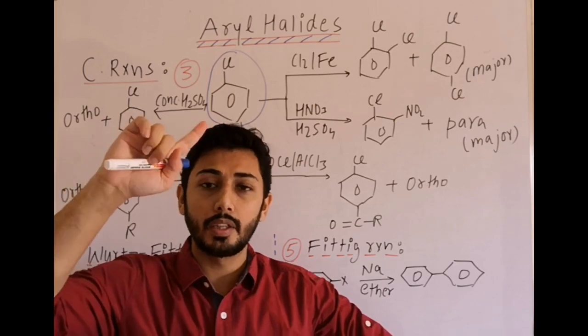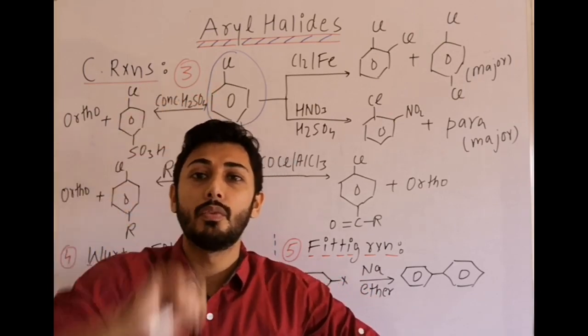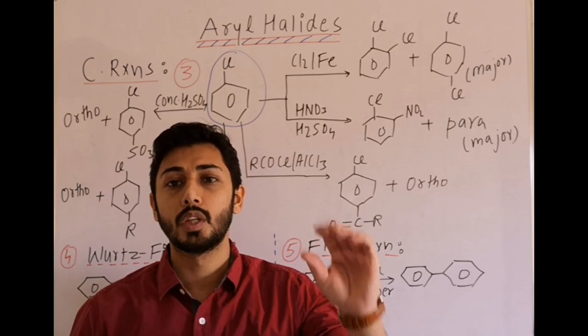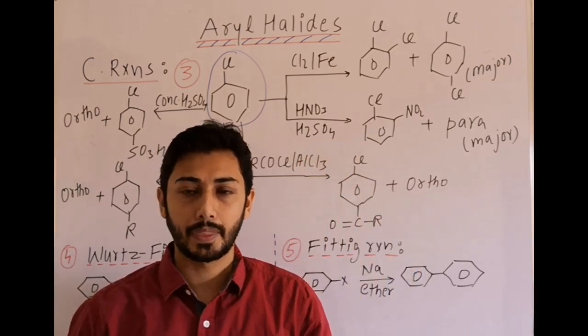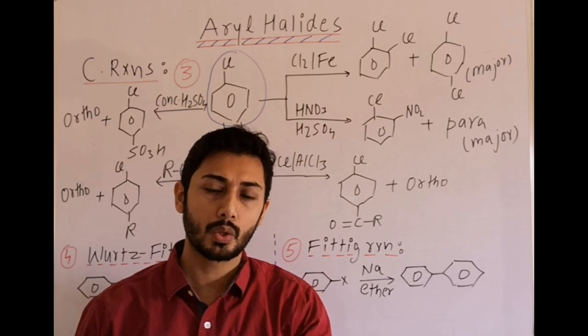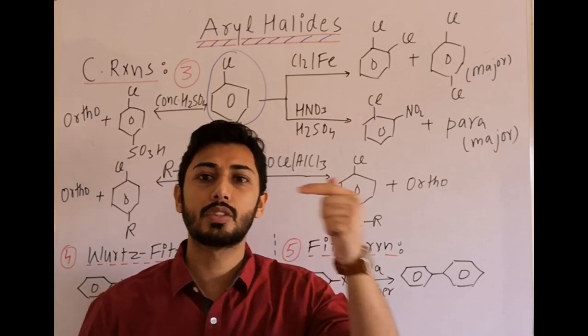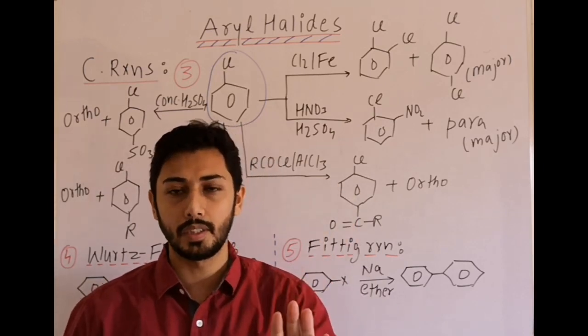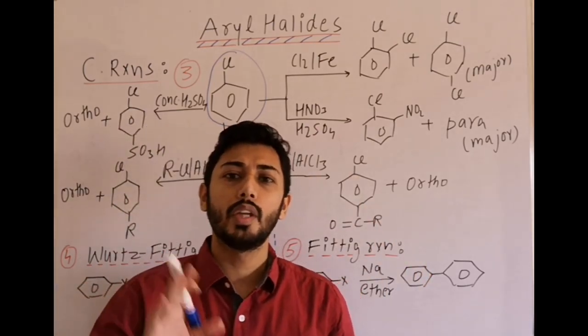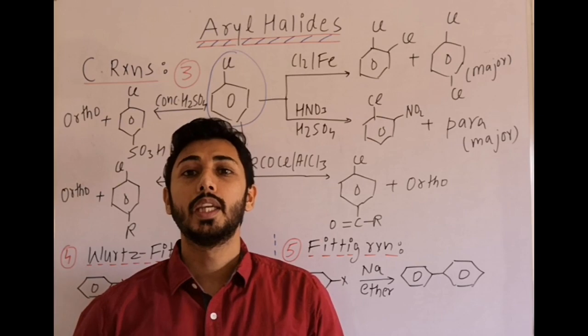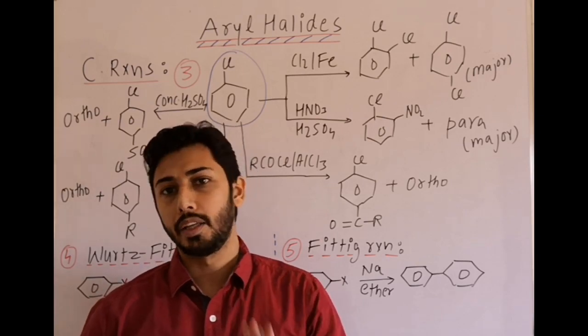That's why I'm saying it is related to the directive influence topic, that the halo group is deactivating. That is why the rate of electrophilic substitution reaction is slower as compared to benzene. Clear that part?